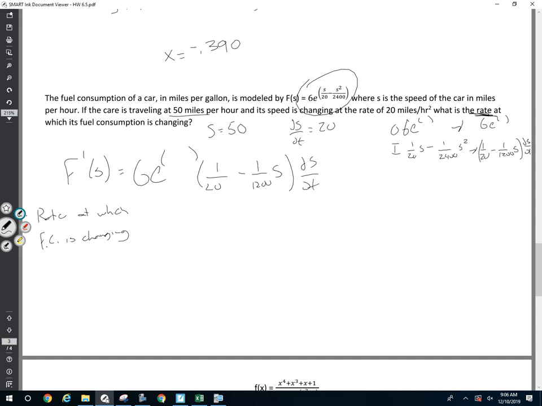Okay? And then you could plug in the values. So f prime at 50 equals... So this is, I think, the more complicated way.